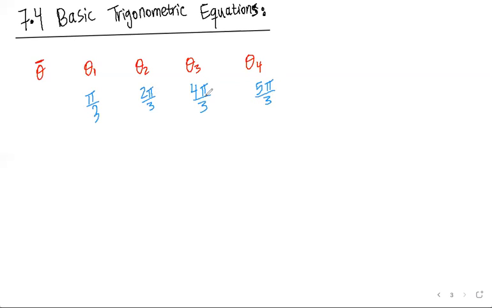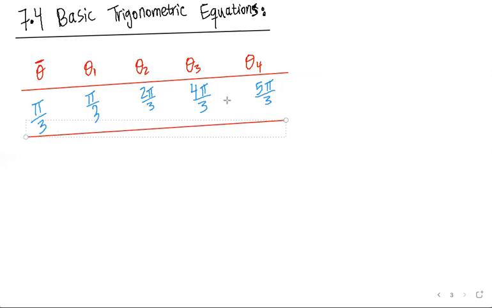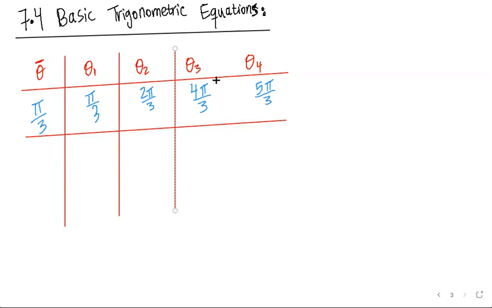All these angles have the same reference number, which is pi over 3. One is in the first quadrant, second quadrant, third quadrant, fourth quadrant. All of these have the same reference.